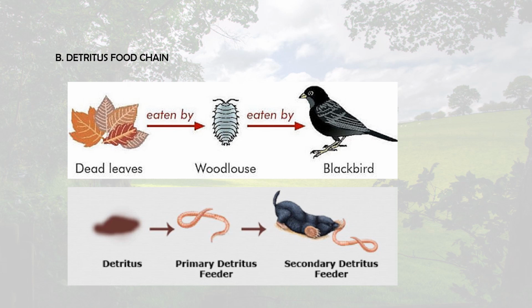And the insect is then eaten by birds or mice, etc. So this type of food chain shows the detritus food chain.